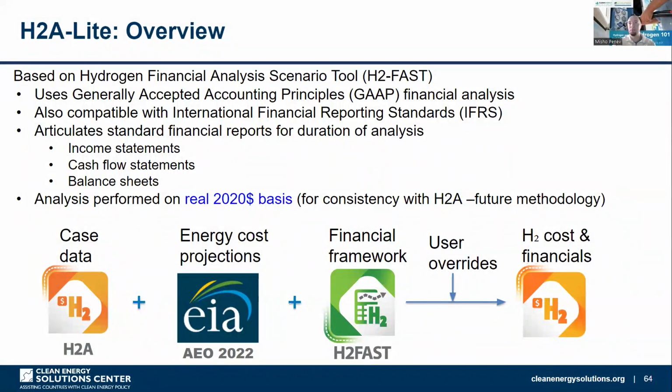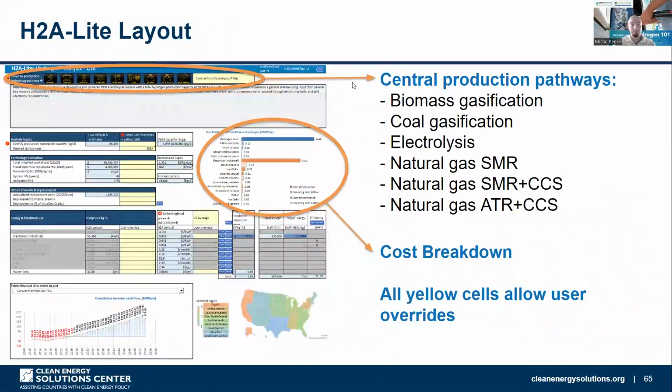So it's heavily leaning on the ability of users to override things where the defaults don't match their analysis needs. And then lastly, it provides hydrogen costs and various financial readouts. Next slide, please. This is just a snapshot of what the model looks like.